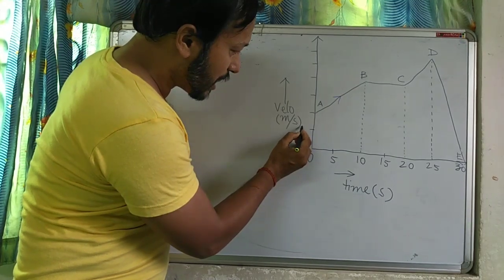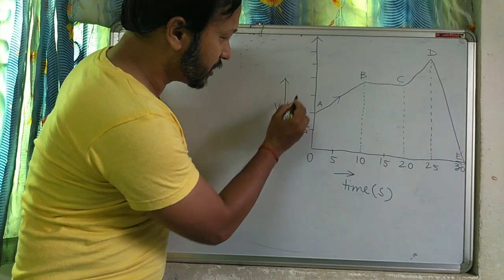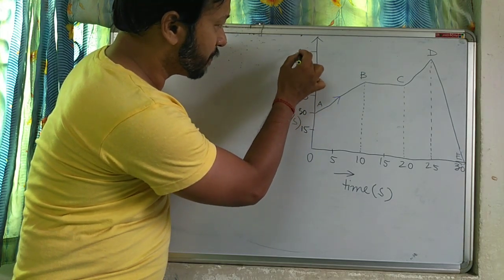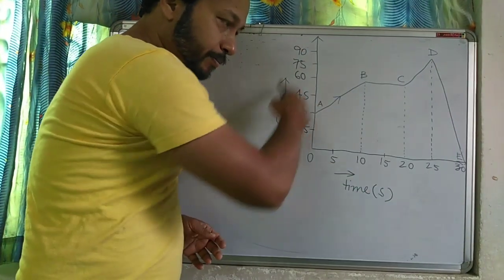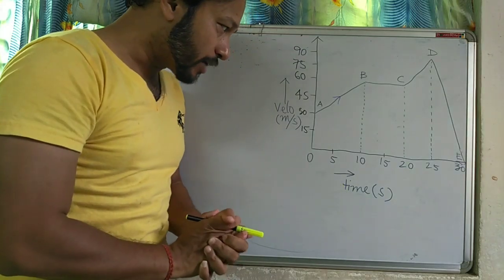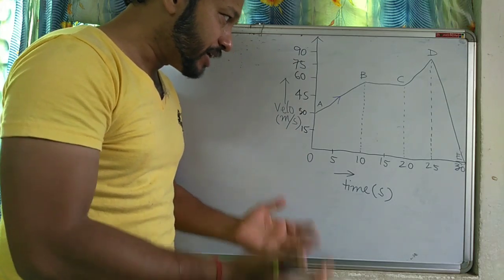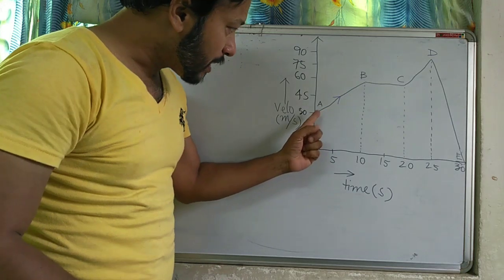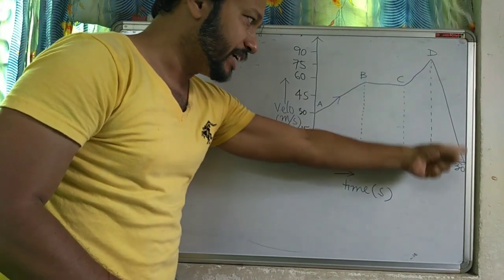Say this is 15 meter per second, 30, 45, 60, 75, 90. This complete graph is the question from which I have to calculate the acceleration and retardation of that object from A to B, B to C, C to D, then D to E.